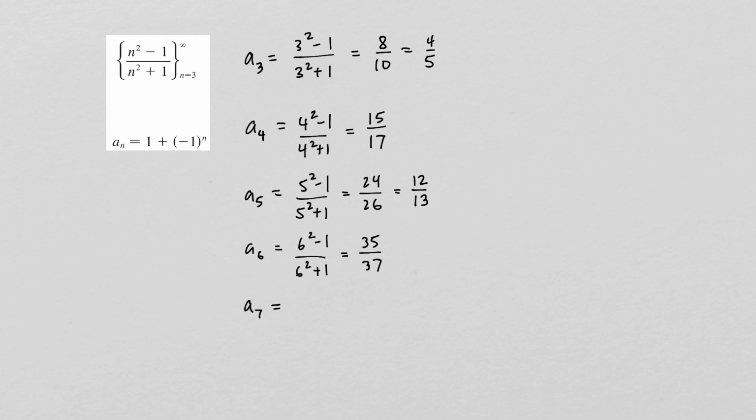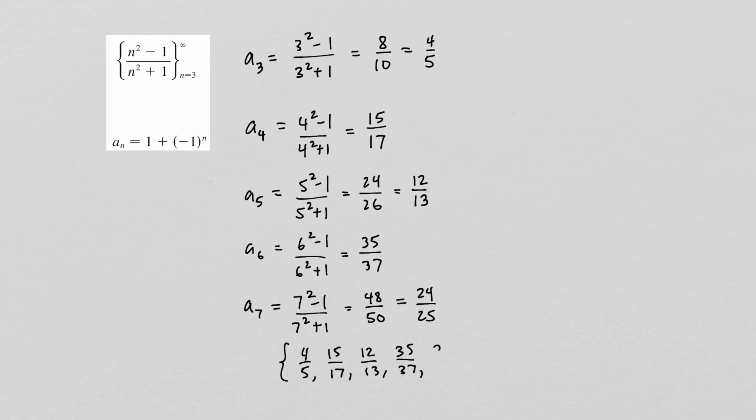And the fifth term, which is A7, is 7 squared minus 1 divided by 7 squared plus 1, which is 48 divided by 50. Or we can simplify this to 24 over 25. And so the first 5 terms in order are 4/5, 15 over 17, 12 over 13, 35 over 37, and 24 over 25.